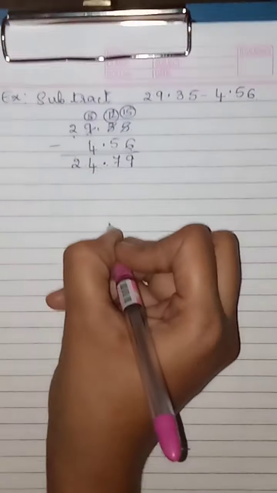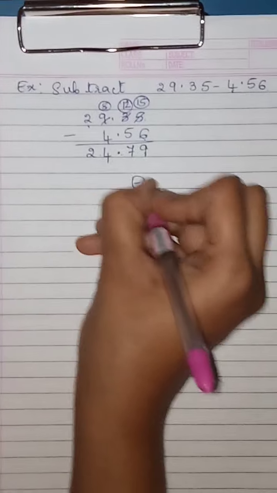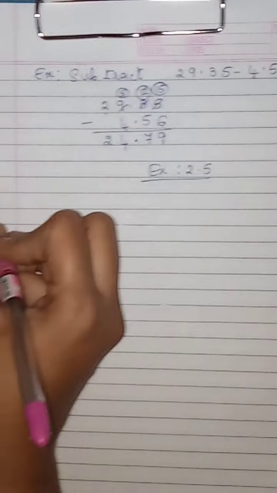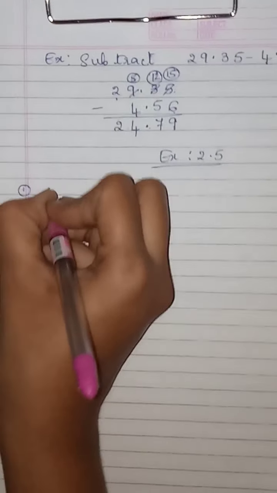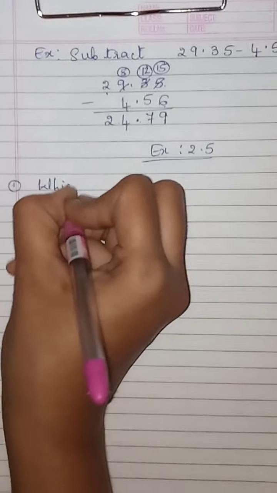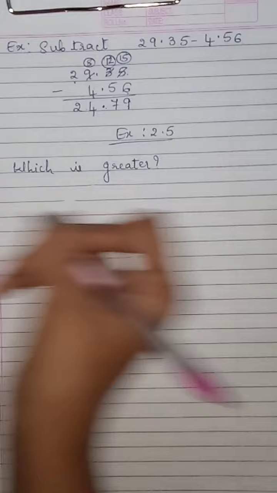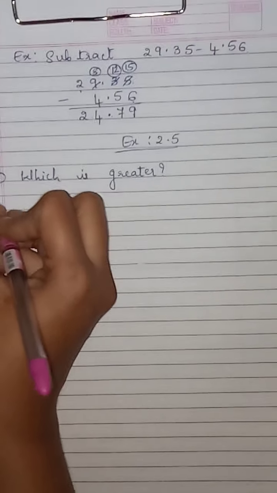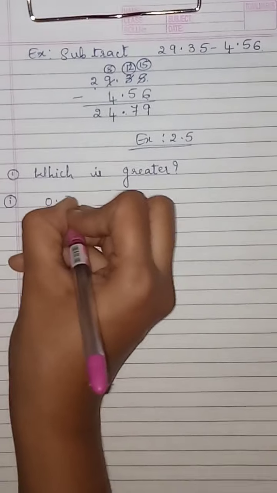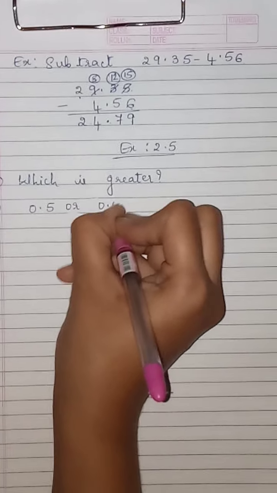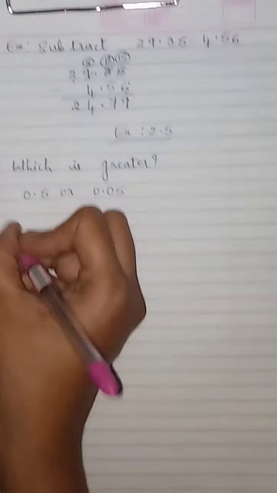Now we will solve the exercise, children. Exercise 2.5. In this, first one, which is greater? 0.5 or 0.05.